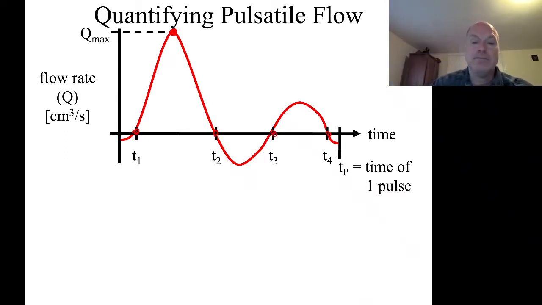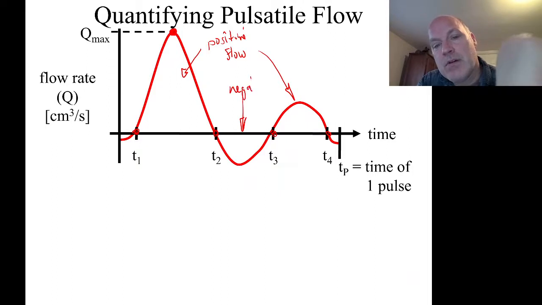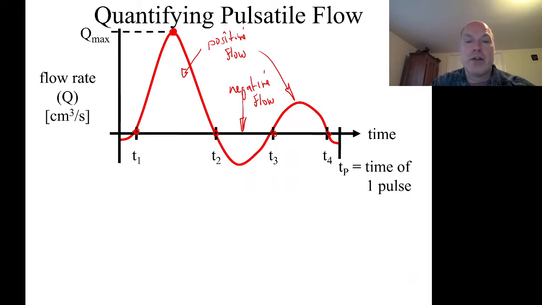We're going to have two parts of the beat with positive flow, and one part with negative flow. So you could take down the points in time, we can call them T1, T2, T3, T4, and we can start analyzing this.